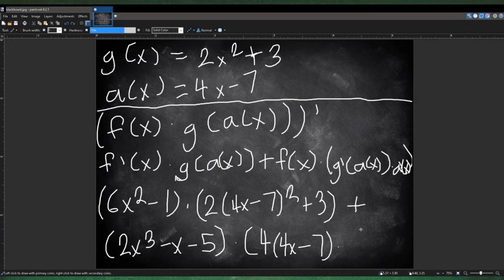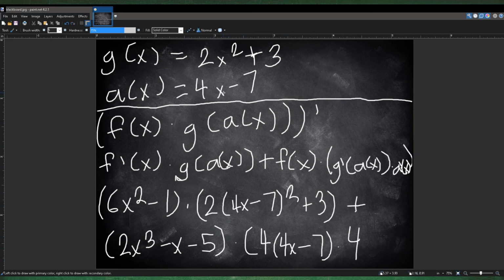And then you have to multiply this, which would be our g prime of x. The g prime, or you could just say prime, it doesn't matter. Prime and derivatives is the same thing. So g prime of a of x times the derivative of a of x, which is just 4.